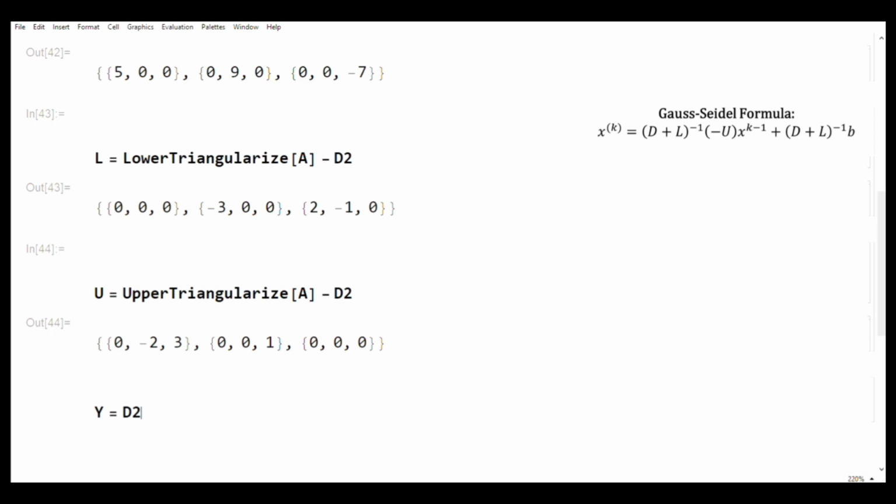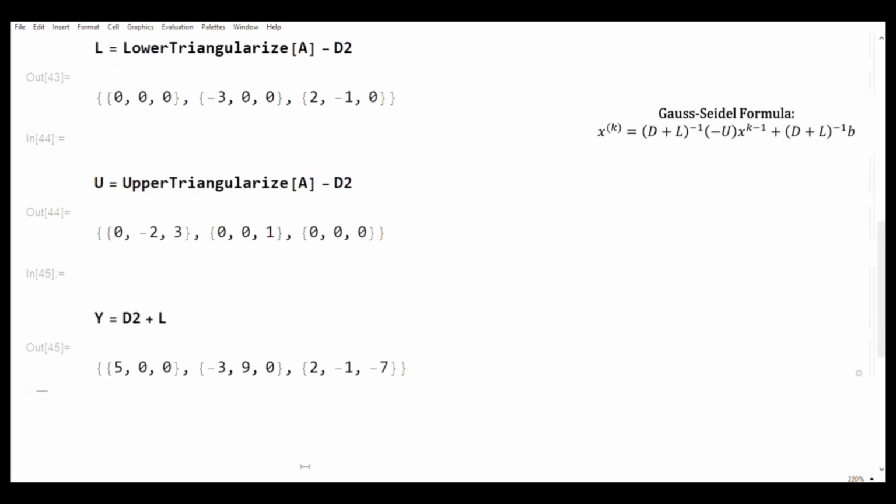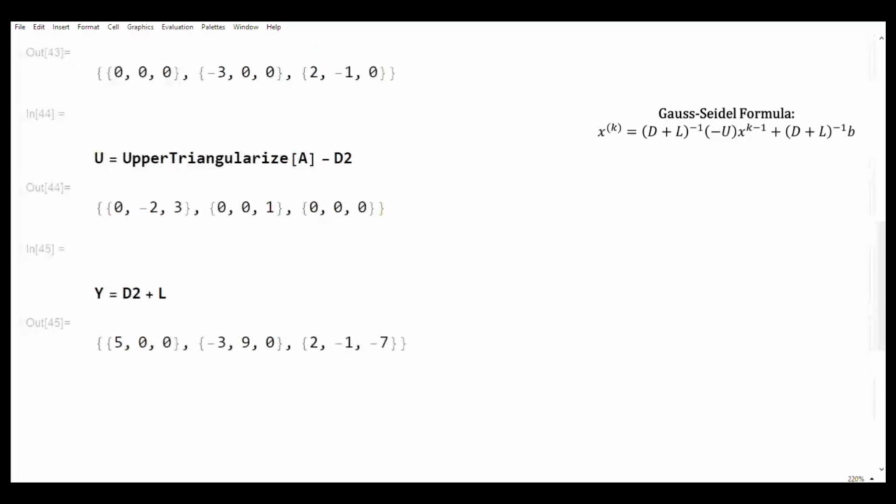I use just a random capital, capital Y. Y equals the diagonal plus the lower triangular. This is the D plus L, the diagonal plus the lower triangular. Now we are ready to do the iteration because we already have U, D, and L, the diagonal, lower triangular, and upper triangular.